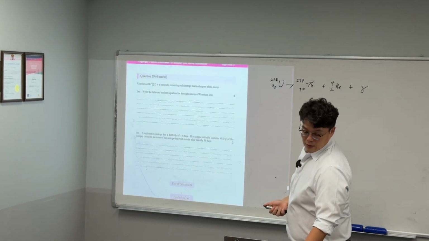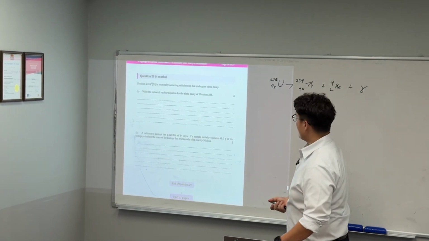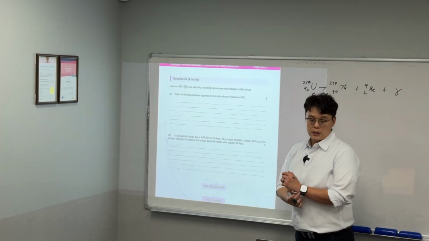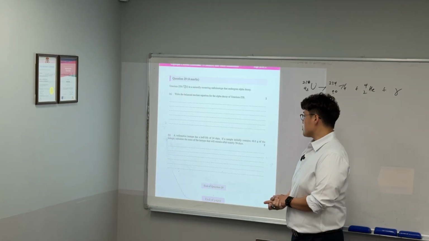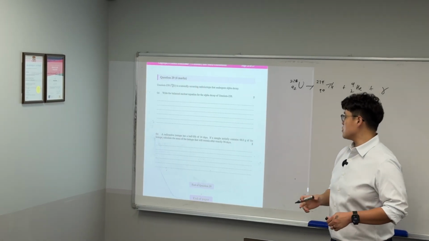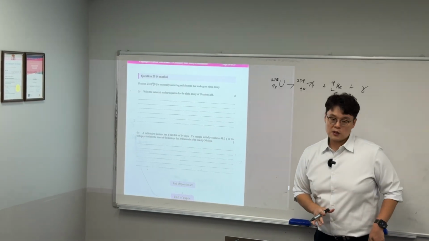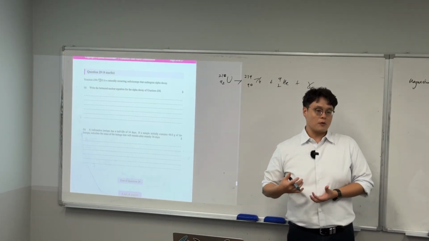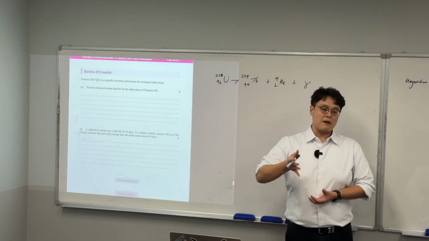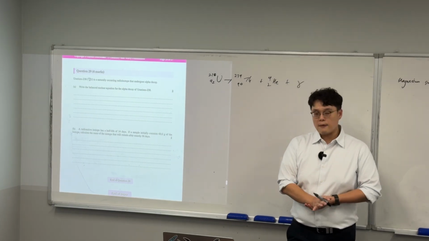Now part B, for you. The radioactive isotope has a half-life of 14 days. If a sample initially contains 48 grams of the isotope, calculate the mass of the isotope that will remain after exactly 56 days. Now, there are two methods. One, use the visual or flowchart method to figure out how many half-lives you go through. Two is the mathematical method.